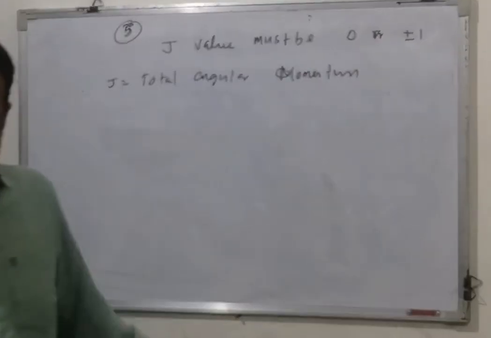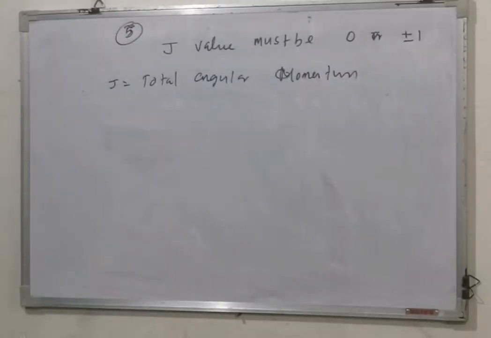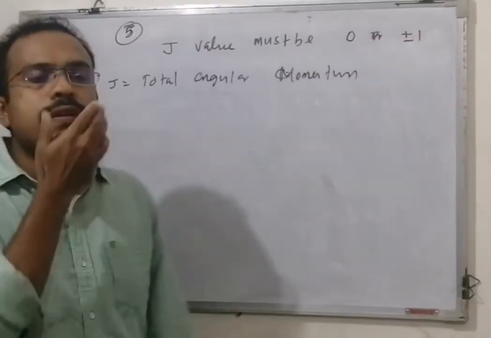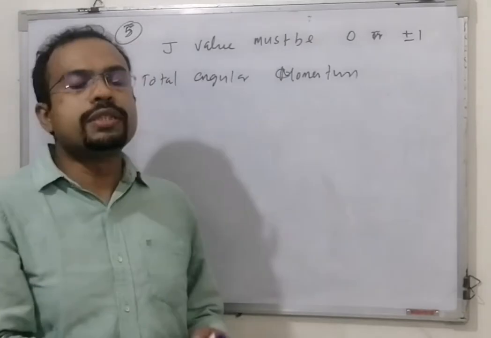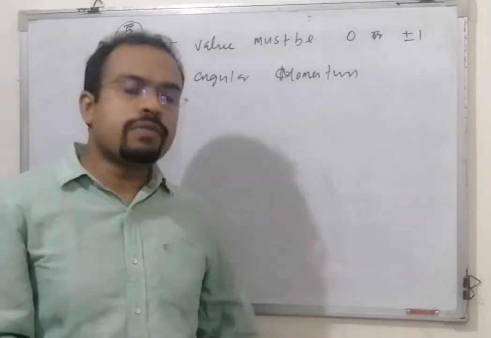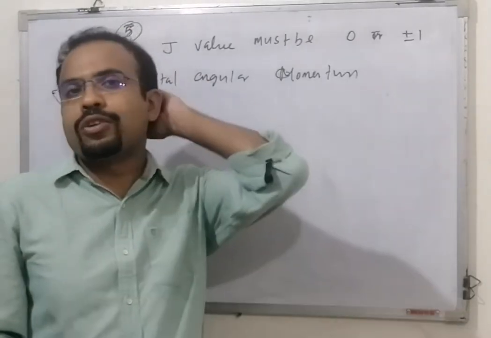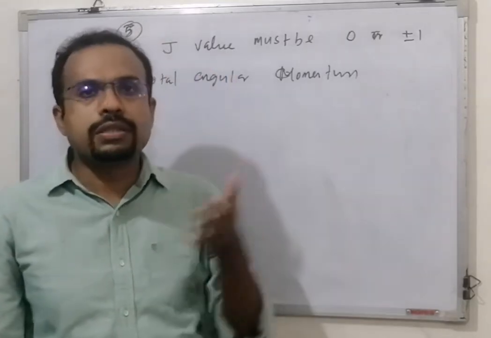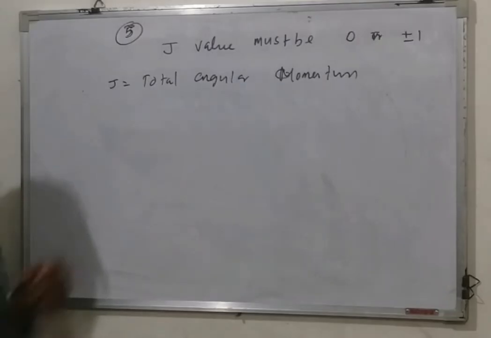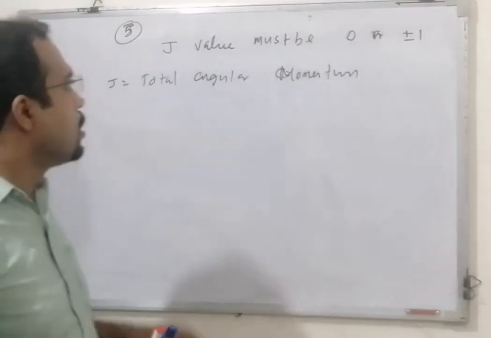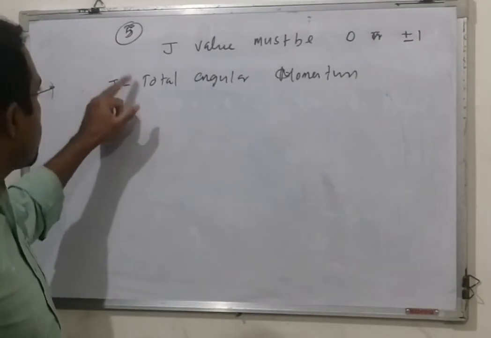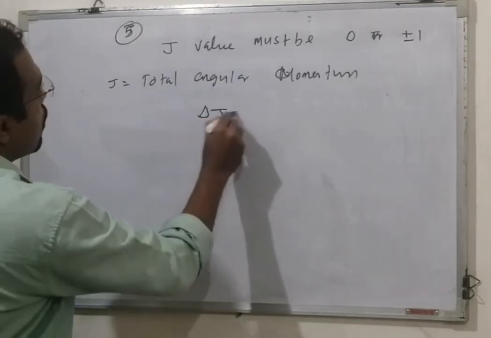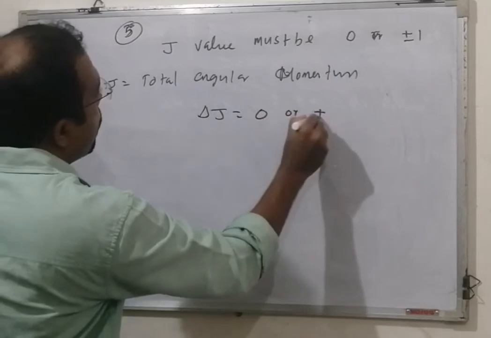This will be discussed in post-graduation, and I plan to share a video on term symbols. That is not in our syllabus, but there are questions from the JAM syllabus, which contains term symbols. Therefore, in future I will plan those topics and share them, so it will be more clear. Anyway, delta J must be 0 or plus or minus 1.